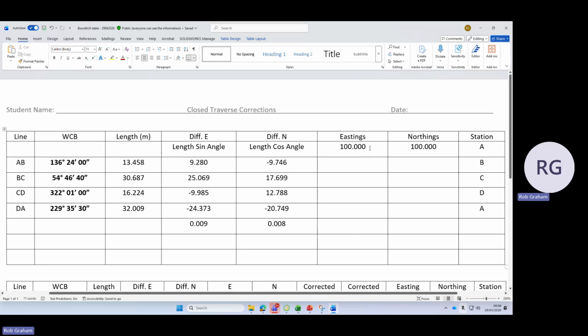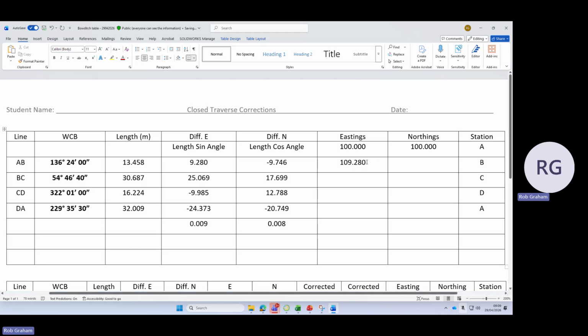Well, we start off at station A with 100. We're going to use the easting column here. And again, to simplify the whole thing, we'll do the eastings first. So what we're basically doing is 100.000. We type that into our calculators. We go to our easting column, and the figure is positive. So 100.000 plus 9.280, because it's a positive figure. Very simply, that is 109.280.